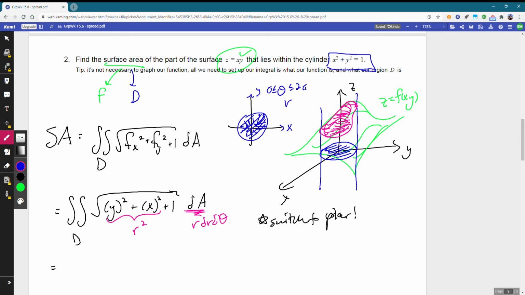And for each of those angles, such as this one, we're using r equals 0, so at the origin, then stretching out to r equals 1. All right, so those become our limits of integration down here. So r dr d theta. Theta is our outside, 0 to 2 pi. And r is our inside, 0 to 1.